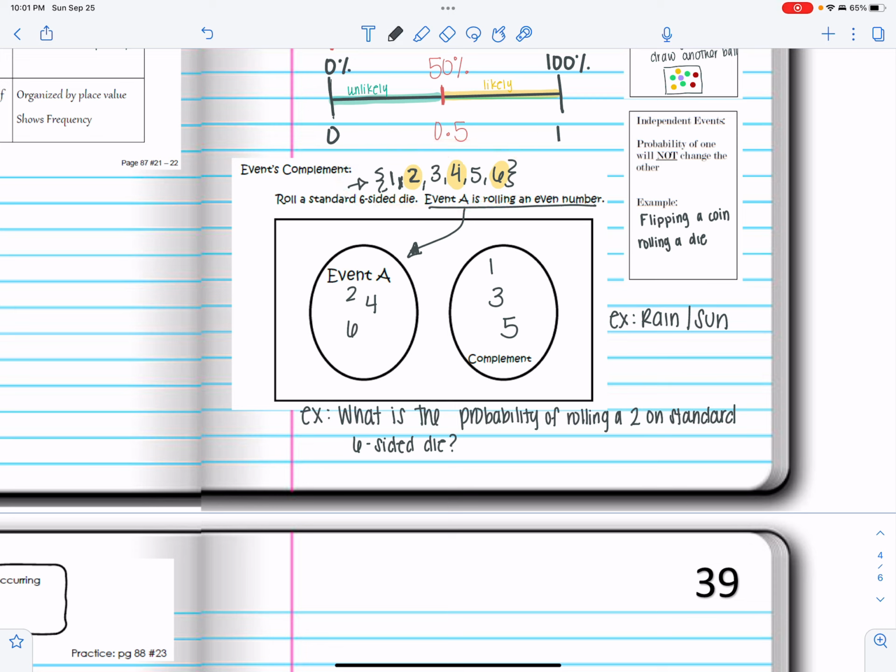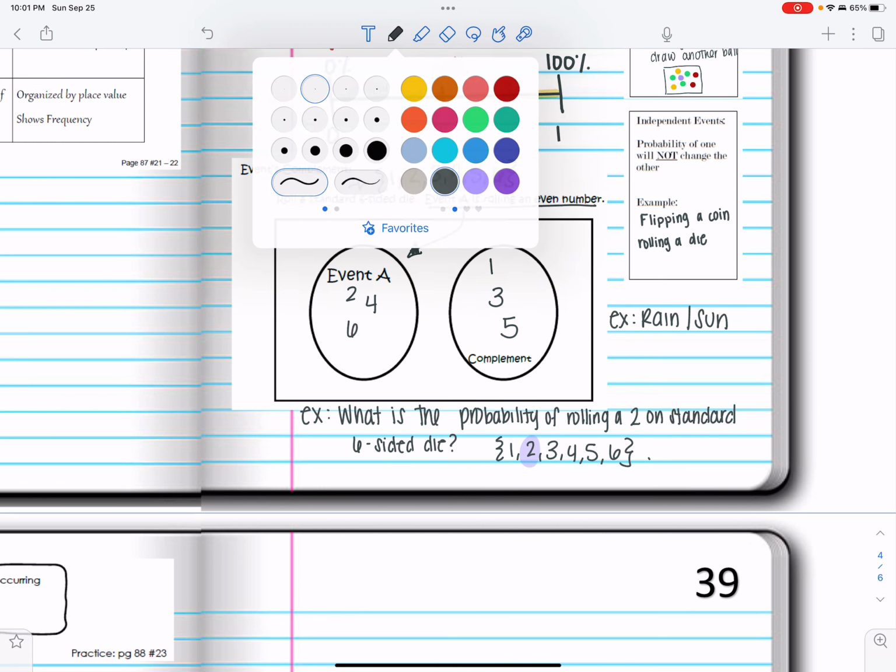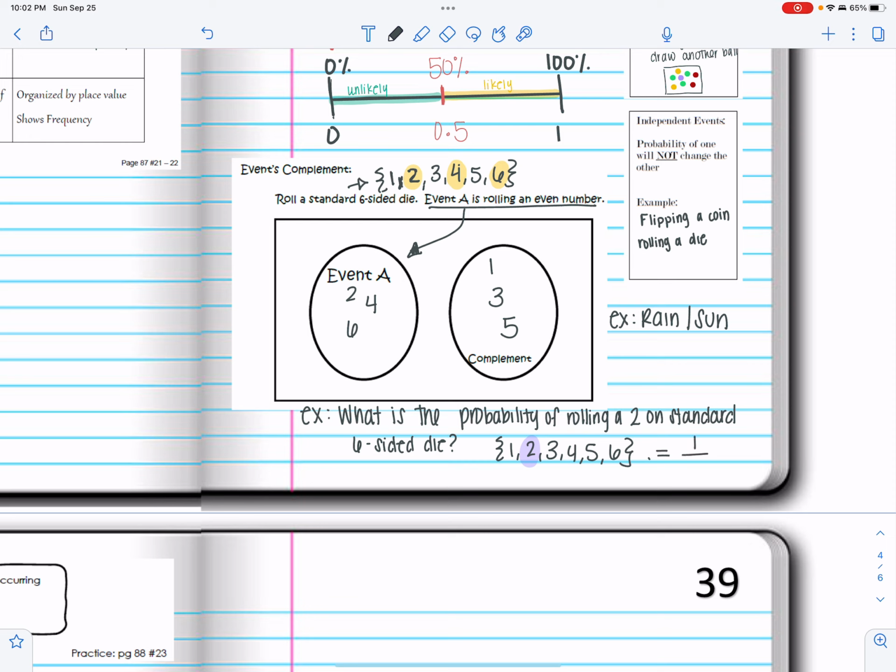And so the probability of rolling a 2 out of the possible outcomes, well, there is one 2, and so the probability of that is going to be 1 out of the total of 6. The reason it's 1 on top is because I want the one 2 out of a total of 6. We can leave it as a fraction, or we could write that as a decimal. We will do it both ways when we do an example.